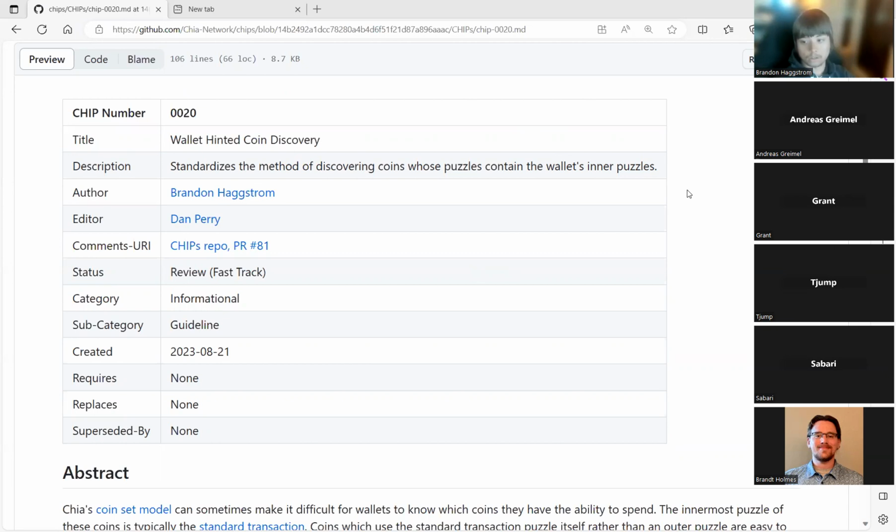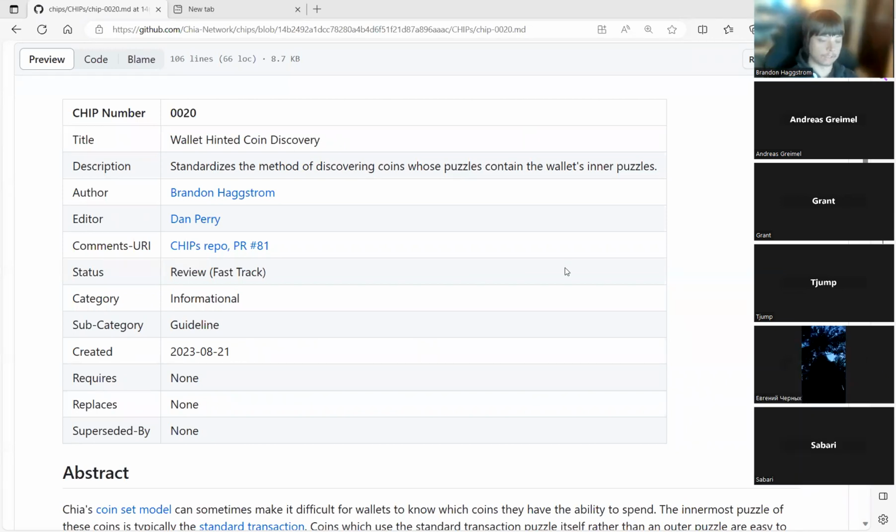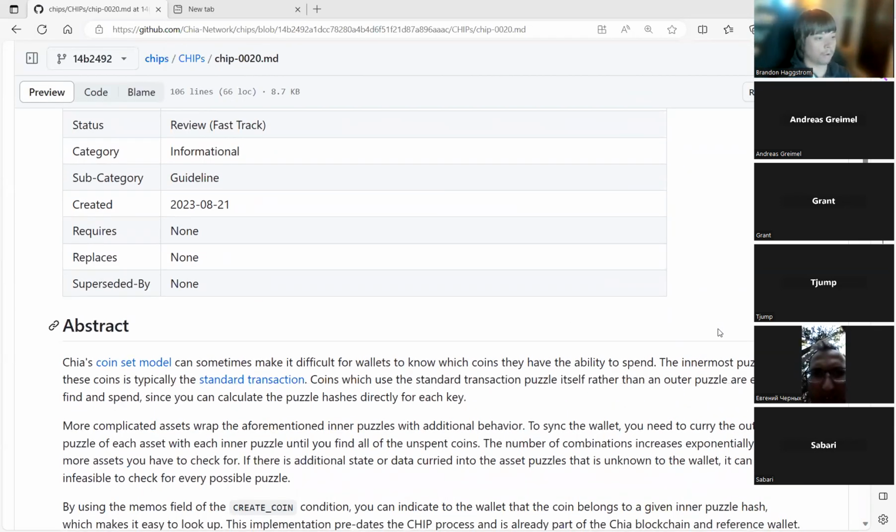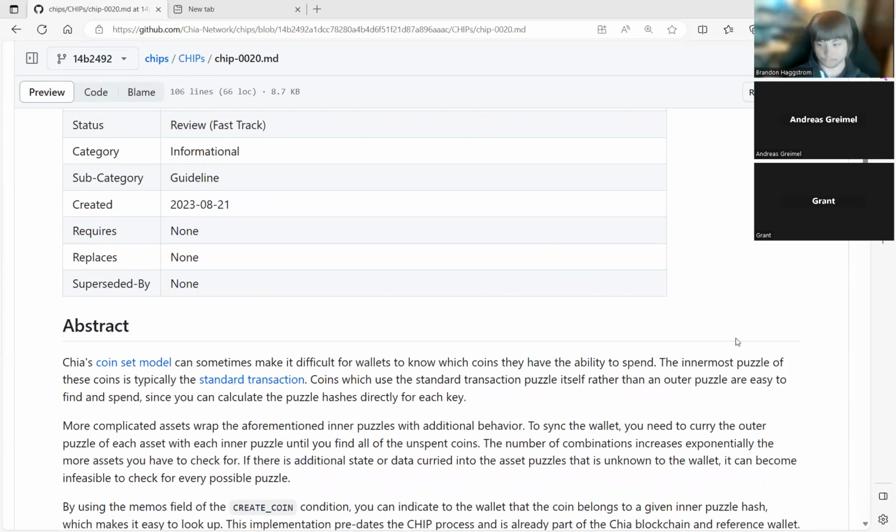Yeah. So for things like NFTs and DIDs and coins like that, where the coins have built-in state associated with them, it is not possible to automatically know which puzzle hashes you need to look for coins in your wallet. You could try to brute force simple things like cats.